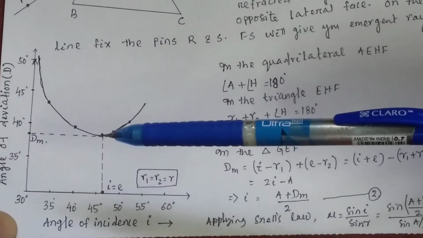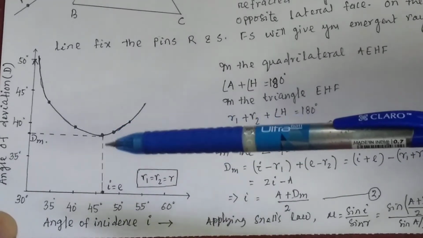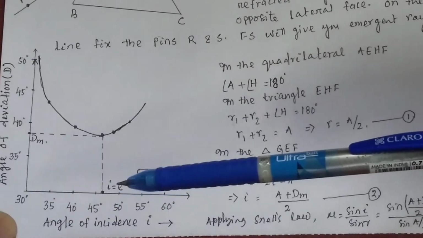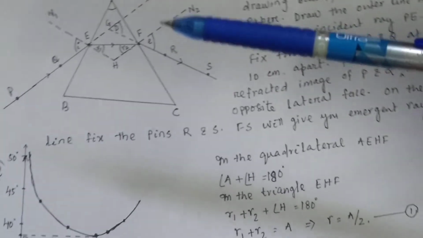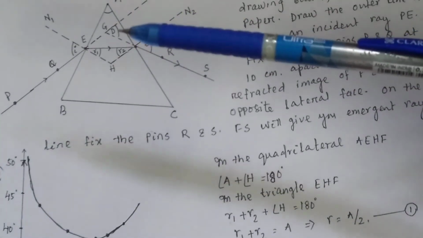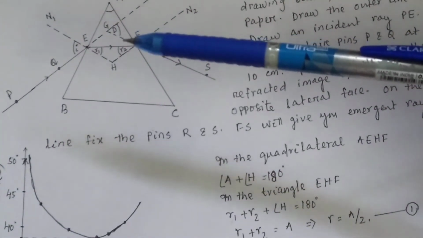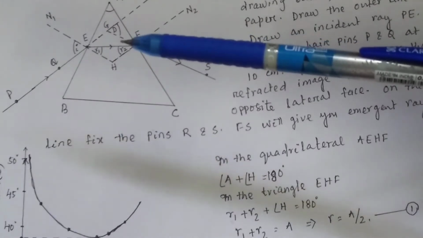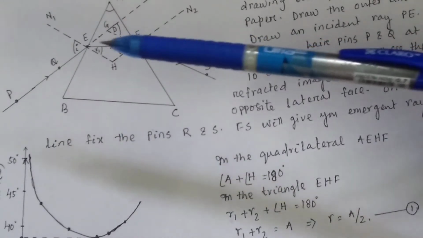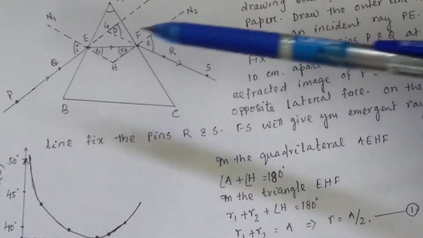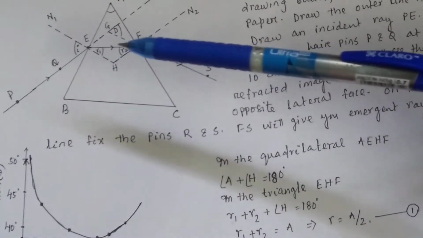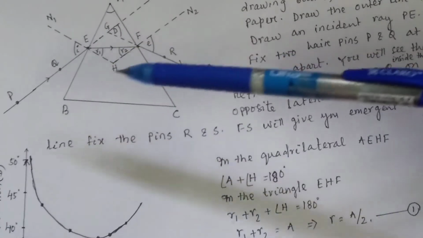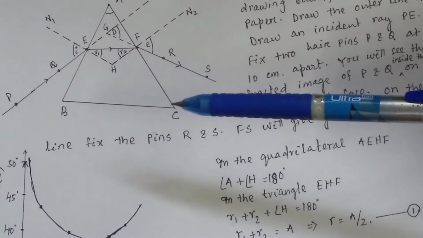When the angle of deviation is minimum, the angle of incidence will be equal to the angle of emergence. You see, if the deviation angle is minimum at about 37 degrees, then the angle of incidence I will be equal to the angle of emergence, and this line, the refracted ray, will be parallel to BC, the base.